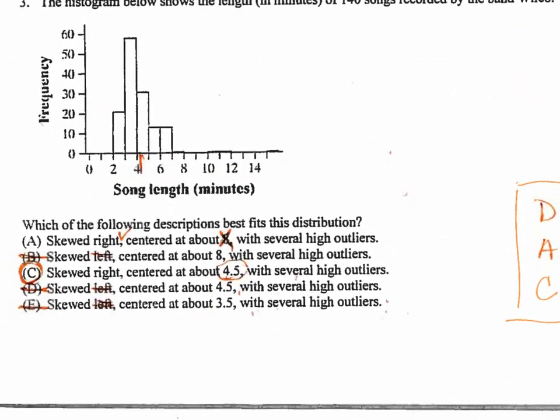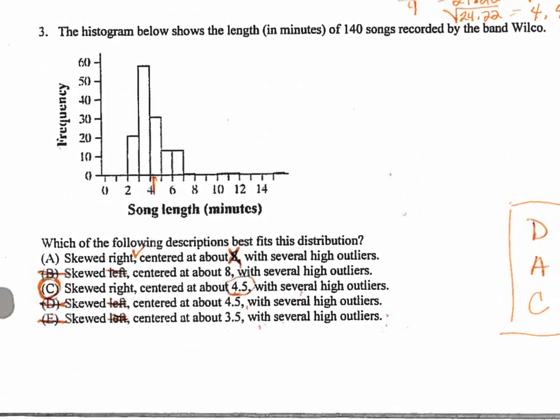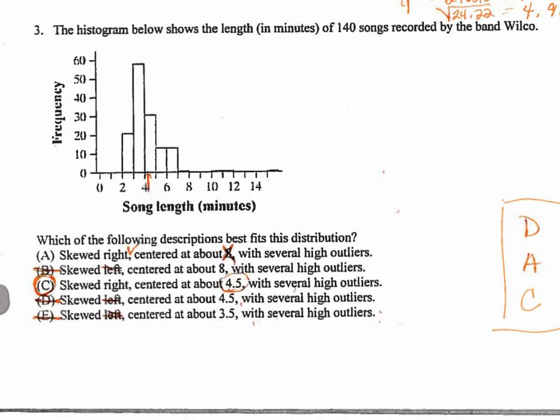This page, I also disagree with something on this one, but the answer is definitely C. I don't disagree with that answer. I disagree with their number 4.5, and let's talk about that. If you have skew, then what measure of center should you use? Median. We should be using median. And so if there are 140 songs, where is the piece of data that's the median located?